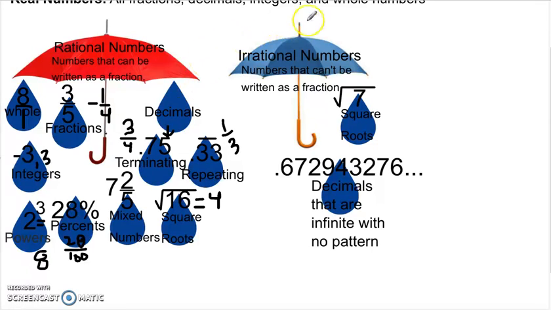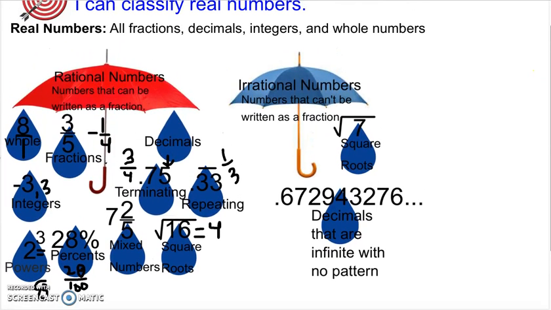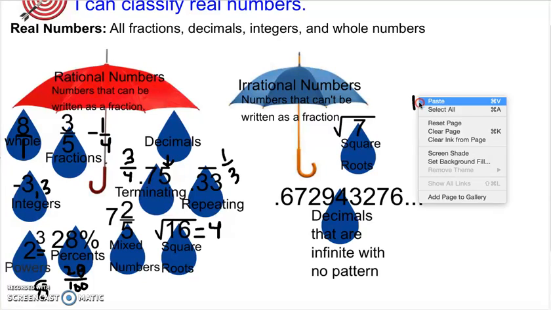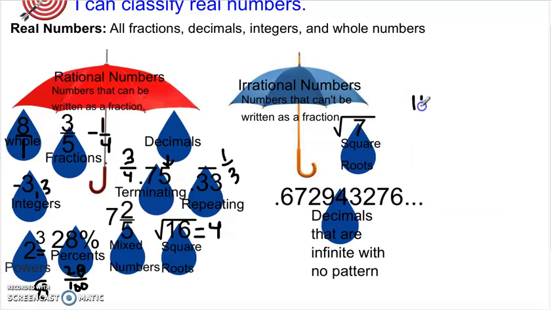Now, on the other side, under real numbers, we have what we call irrational numbers. Those you have also worked with, and I'll give you an example. Irrational numbers are numbers that can't be written as a fraction. For instance, how many of you remember pi from the last couple years, and you worked with this to find the circumference of a circle or the area of a circle?